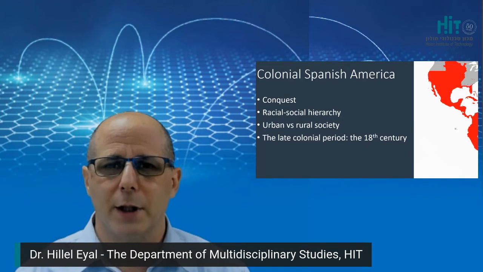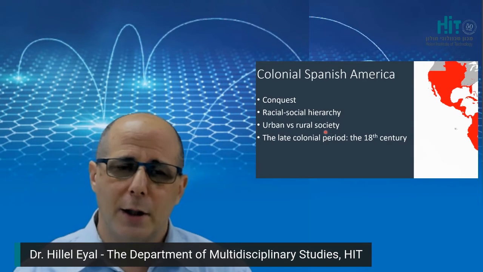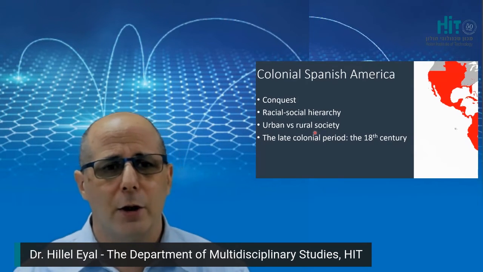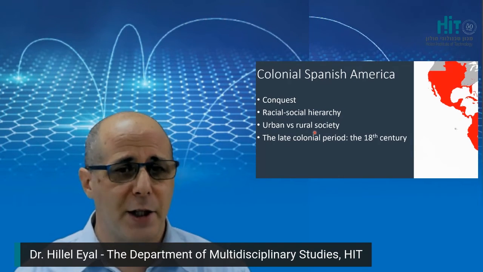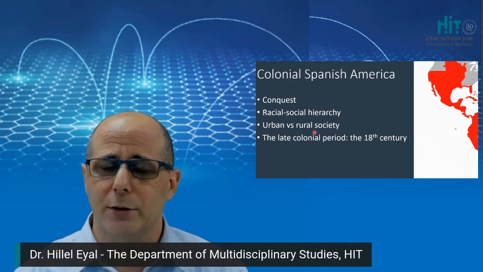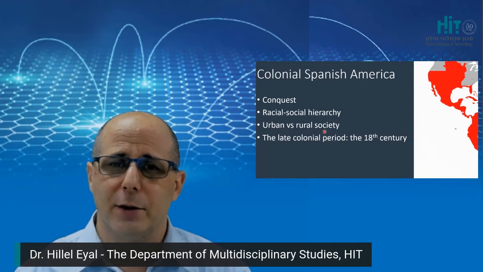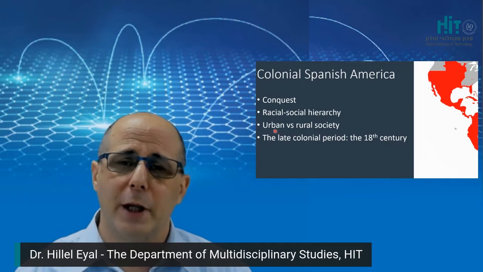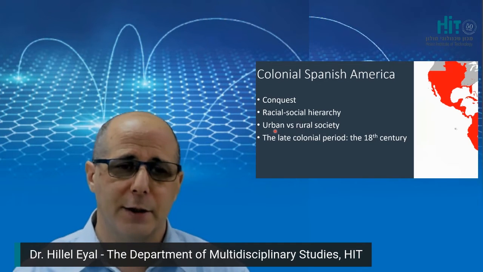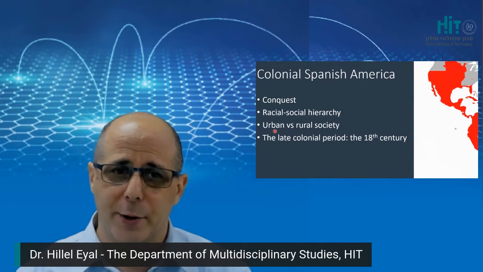Now, within all this huge chunk of land, Spanish America, there is an important division between urban and rural society. Urban society is predominantly Spanish. It is Spanish in its culture, and it's also Spanish in its population, meaning that the cities of Spanish America that were established already in the 16th century are home to Spanish immigrants, the conquerors and their descendants, and also to their Spanish descendants in the New World, in Spanish America.